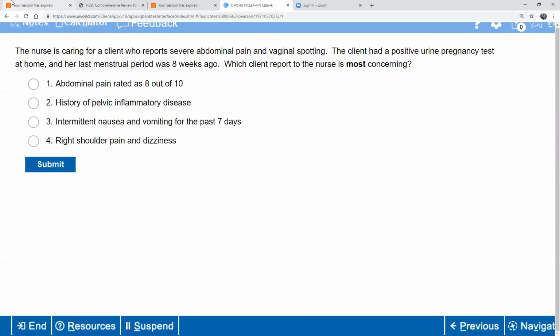The nurse is caring for a client who reports severe abdominal pain and vaginal spotting. The client has a positive urine pregnancy test at home, and her last menstrual period was 8 weeks ago. Which client report to the nurse is most concerning?